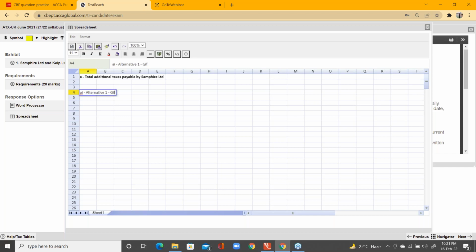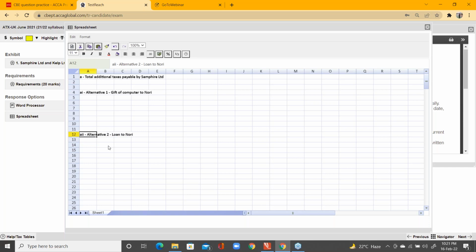gift of computer to N, make it highlight. Under A2, alternative 2, loan to Nori.